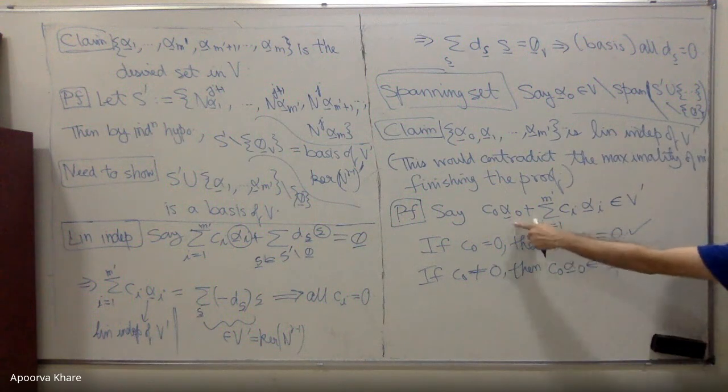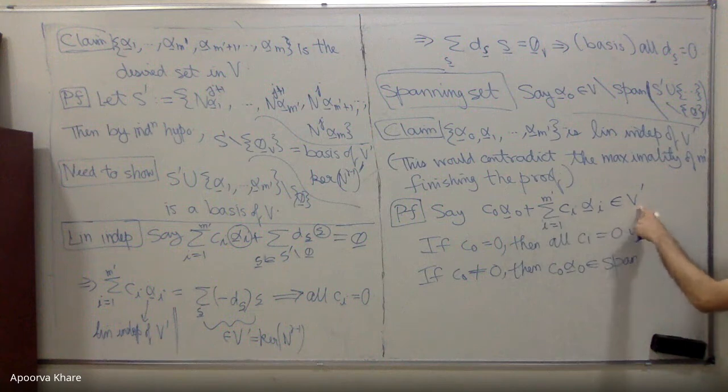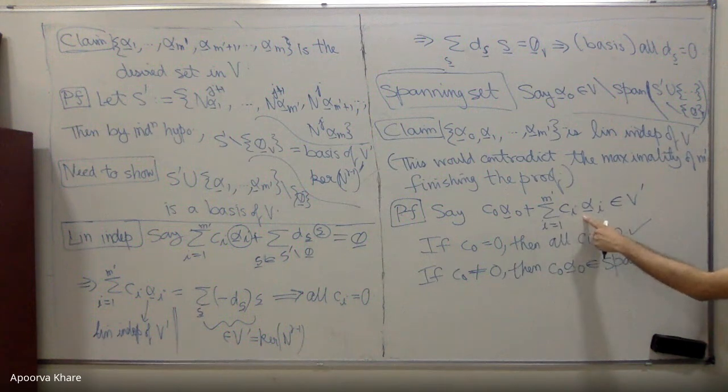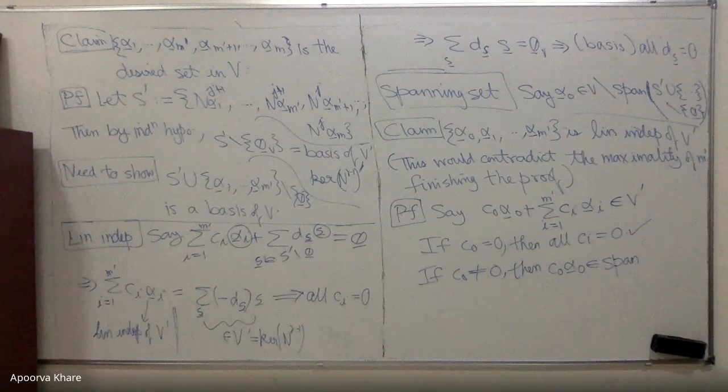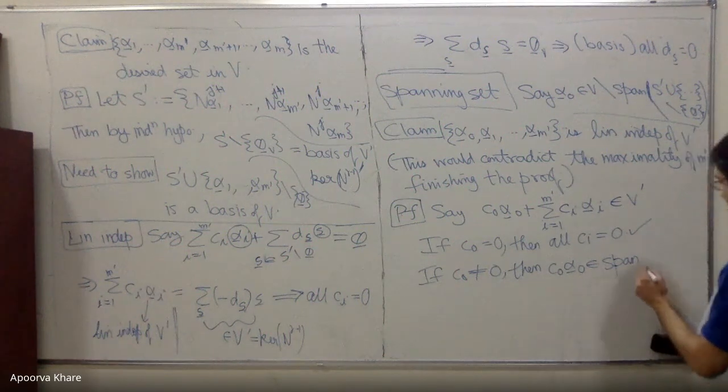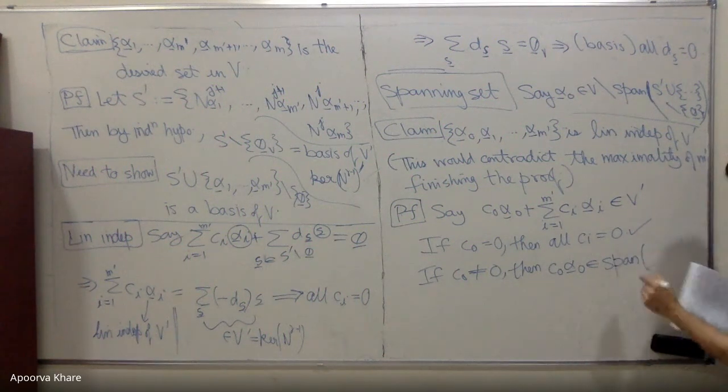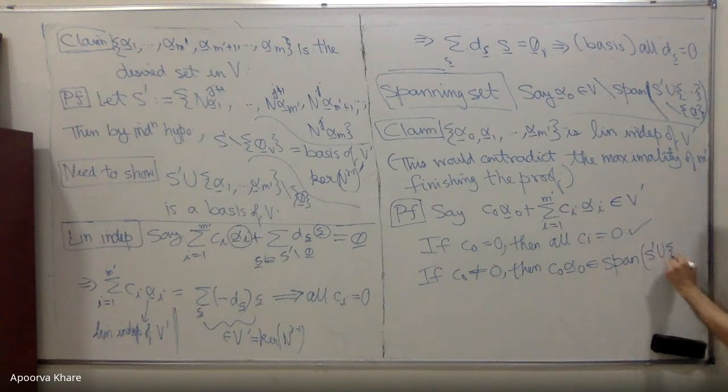Then C naught alpha naught is a linear combination of something in V prime and these guys. Right? So all of those guys basically. And that, for some reason, I'll leave it to you guys to check why. S prime union alpha 1 to alpha m prime.